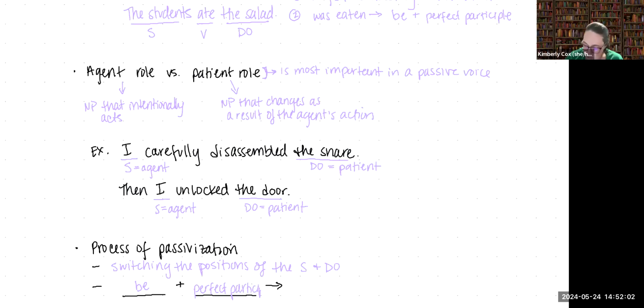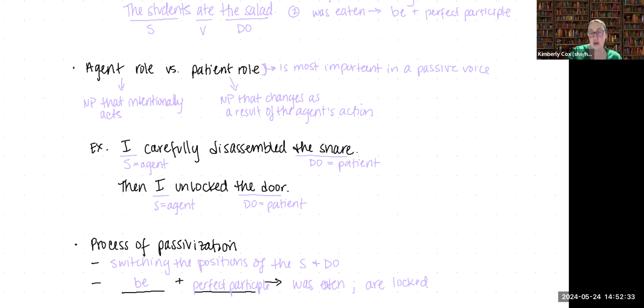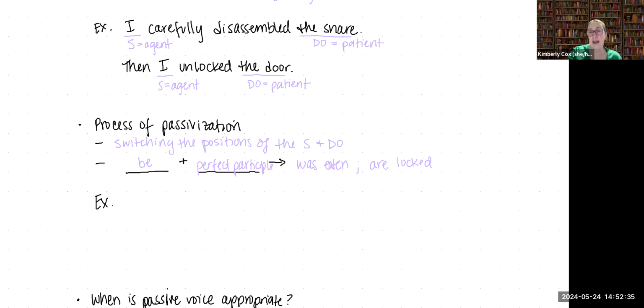Okay. So "was eaten," right? We would usually say "had eaten" or "was eating" because we have the perfect participle with the auxiliary verb was. We have a passive construction. We might have "are locked," right? So once again, that would be a passive construction that would help us in the process of passivization.